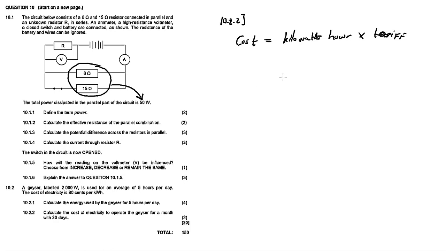Okay, bheka ke manje, this geyser operator for a month with 30 days, right? And it's the operator for how long? For 5 hours per day. So the total time ngizosidinga lesikhathi lesi, the kilowatt hour bangiphe yona lapha. Wait, no, bangiphanga yona kilowatt hour. Kumele ngicalculate now. So the kilowatt hour is equal to 2000.